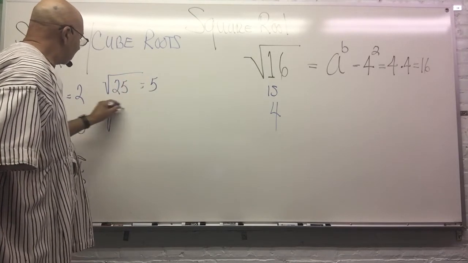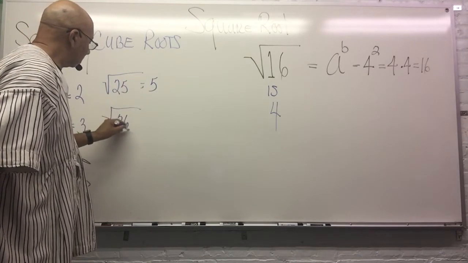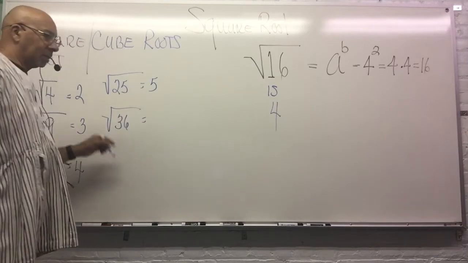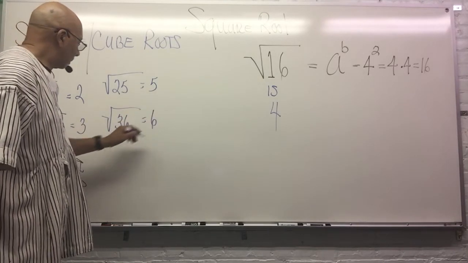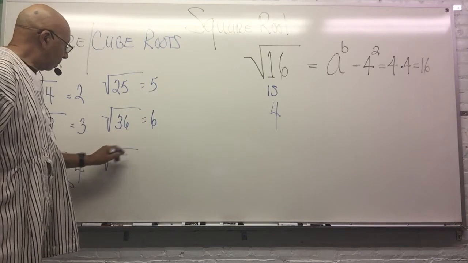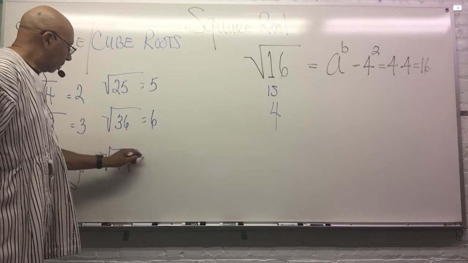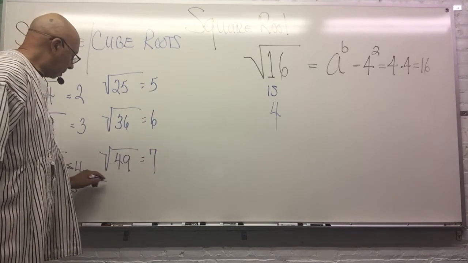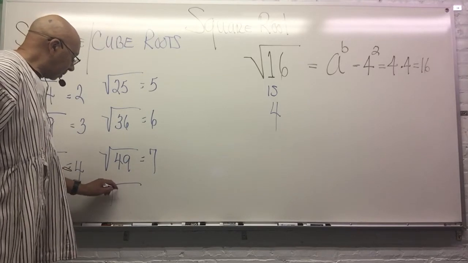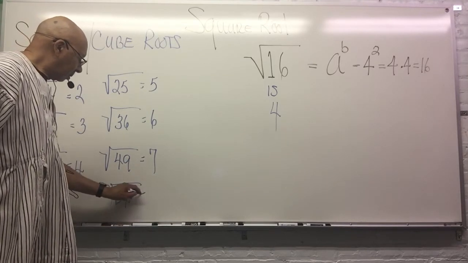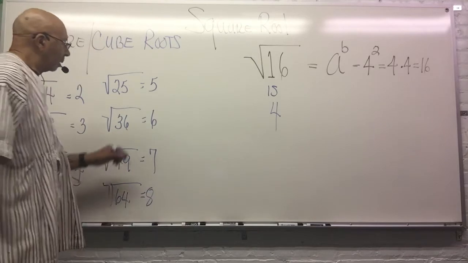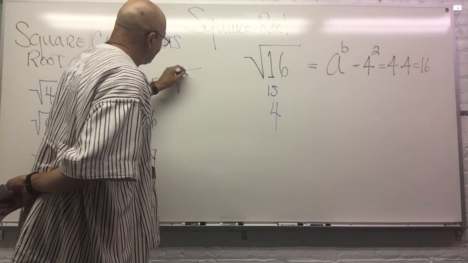What is the square root of 36? You know that. 6 times 6 is 36. What is the square root of 49? You say 7. What's the square root of 64? You say 8. What is the square root of 81?